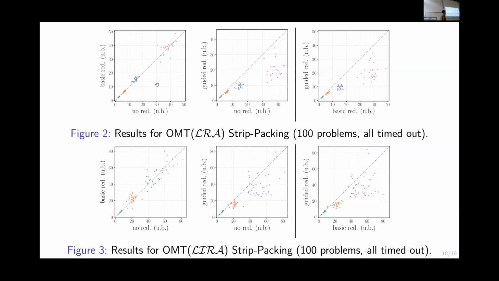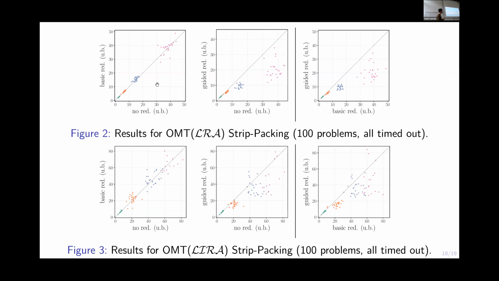Instead, on the strip packing benchmarks, all the instances time out. So we only compare in terms of the best model found within the time limit. We can see that using the basic reduction does not really improve.